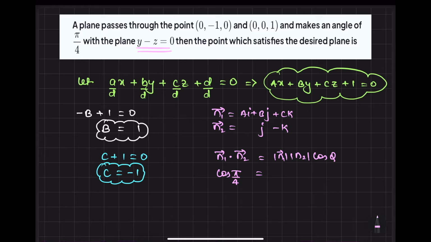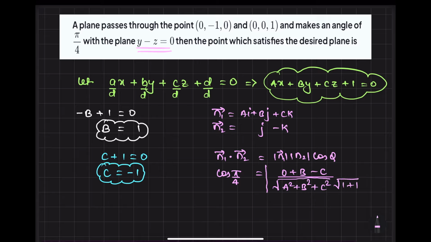So n1 dot n2 means what? i with i, j with j, and k with k. So i with i is 0, j with j is b, k with k is minus c, and then root under n1. So magnitude of n1 means what? a square plus b square plus c square, and then 1 plus 1, correct?